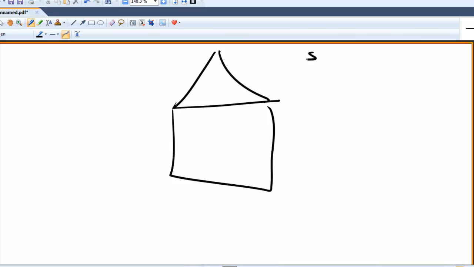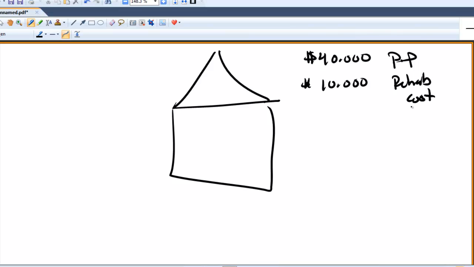He acquired the property for $40,000. Okay, so that was the purchase price, and then $10,000 was the rehab cost. After the property was finished, again he has $50,000 as his initial investment.